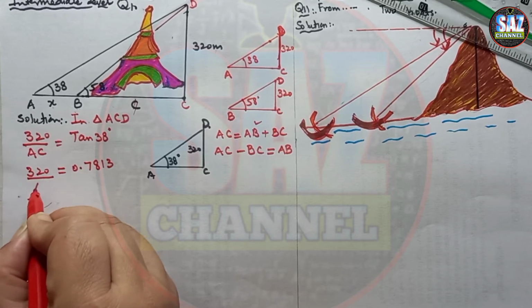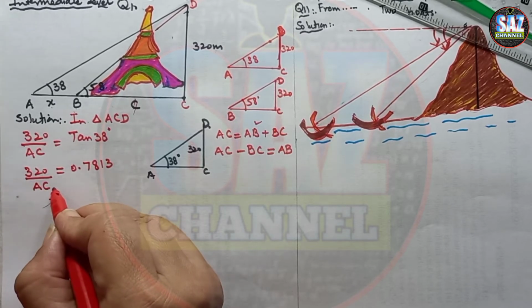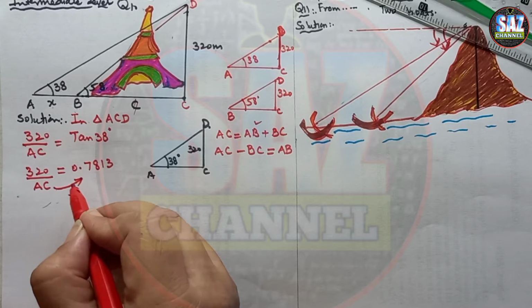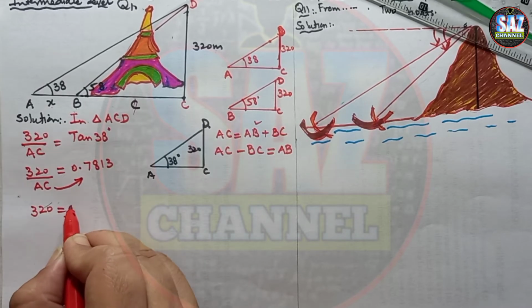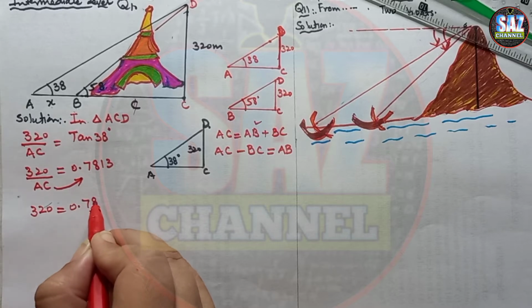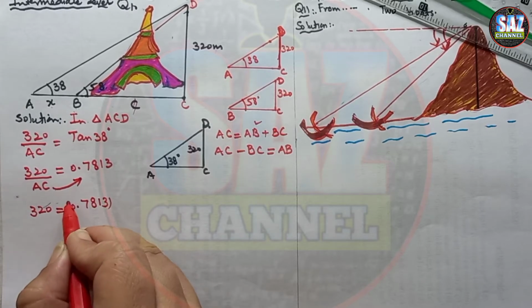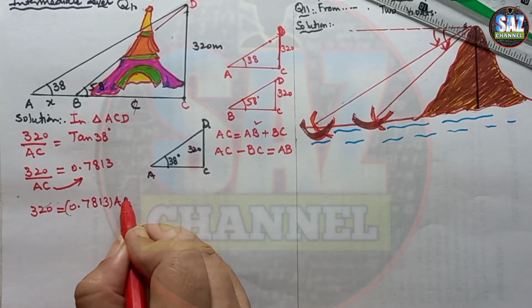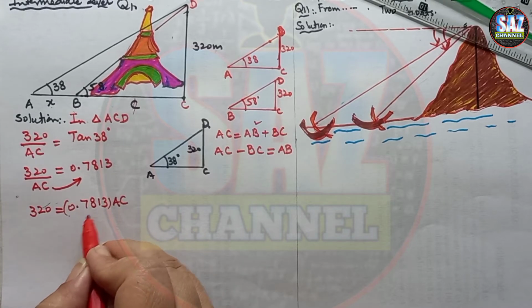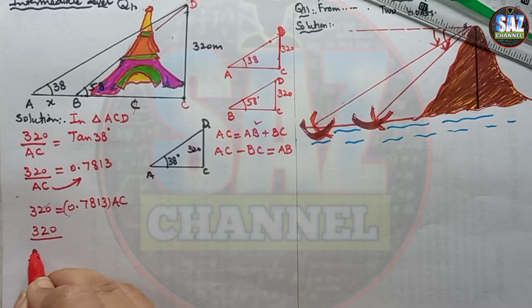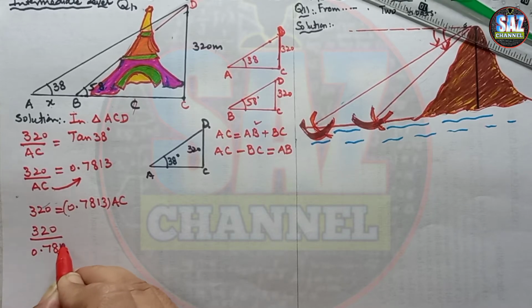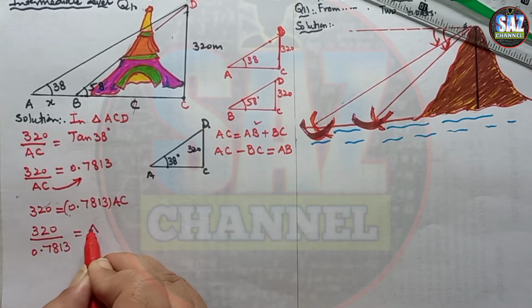320 by AC. Now we have to shift AC to the other side, and the equation will take the form 320 equals 0.7813 times AC. In order to get the value of AC, this would be 320 upon 0.7813 equals AC.